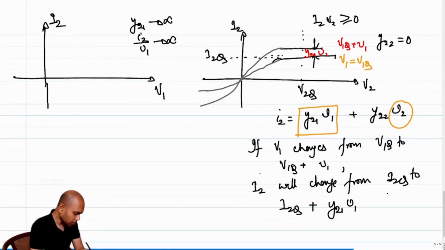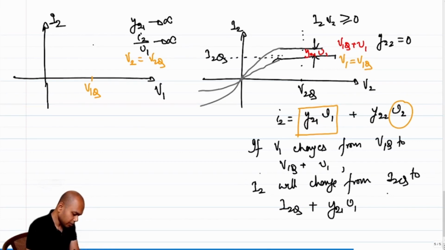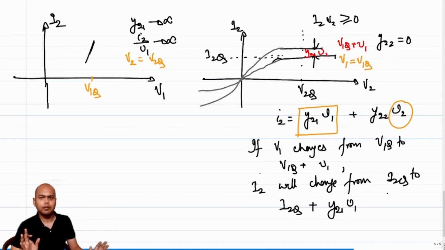So all we are saying is that for some fixed V2, like V2 equal to V2Q, and around some operating point V1Q, the curve needs to be very stable. That's all we are saying.